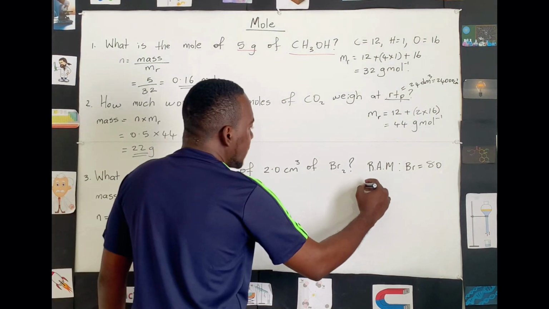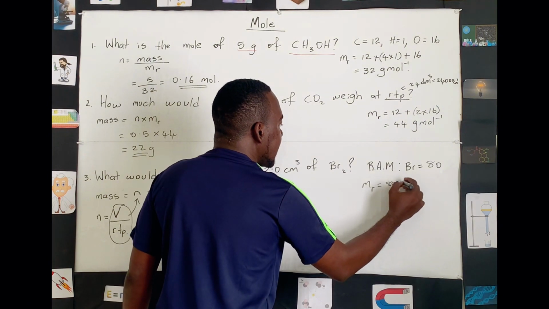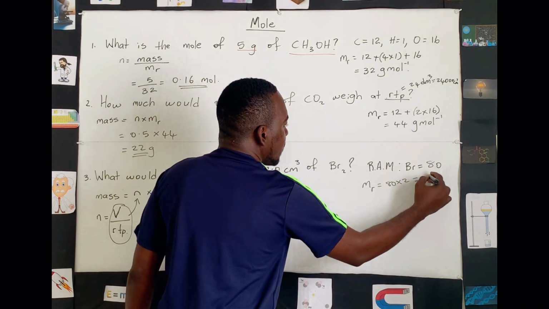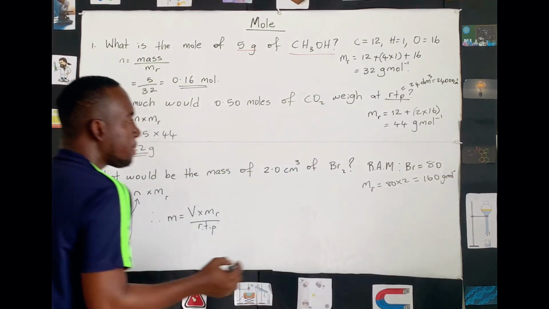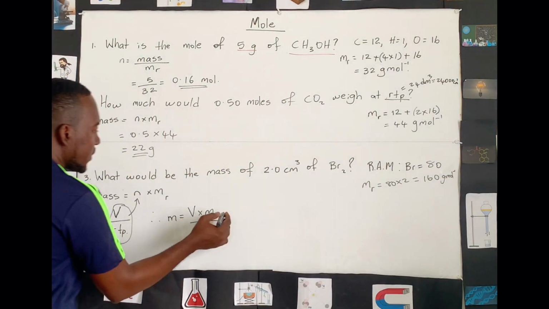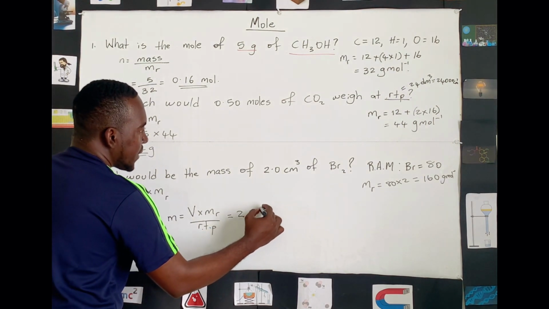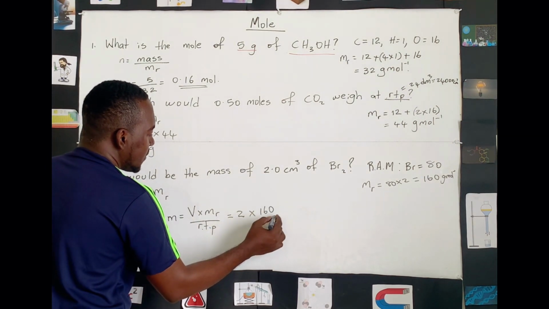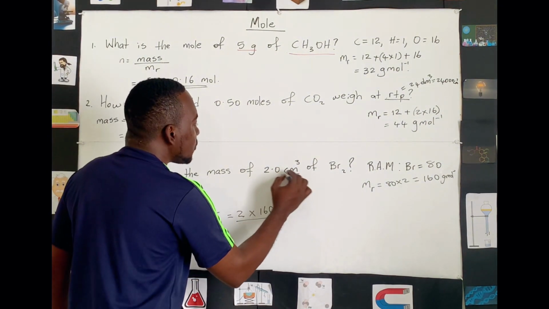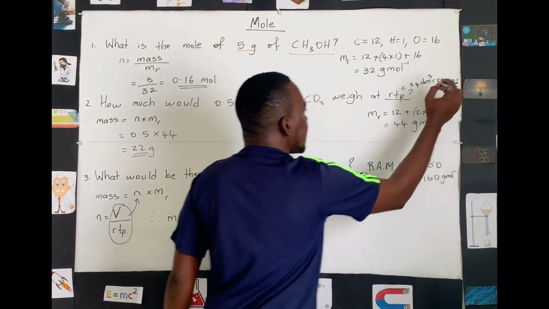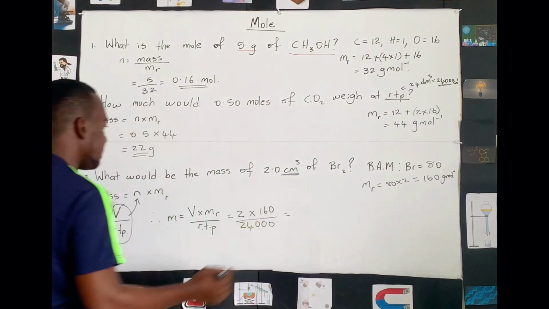So we find our molar mass, which is 2 of bromine, so it's 80 times 2, which is 160 grams per mole. All right, so let's go. The volume would be 2, the molar mass is 160, and the RTP value, because this is in cm cube, we have to use the cm cube value of RTP, 24,000.